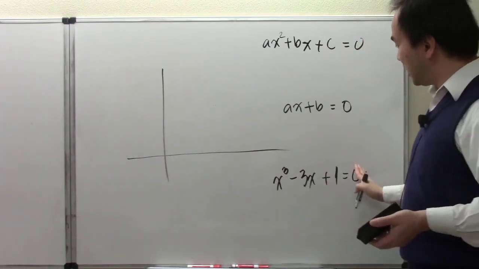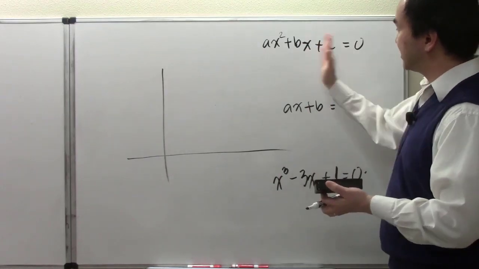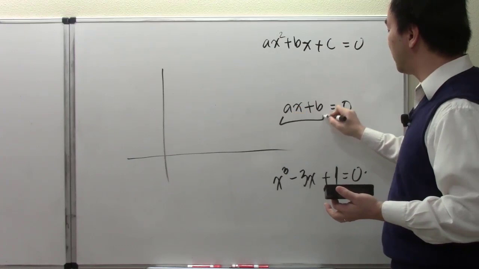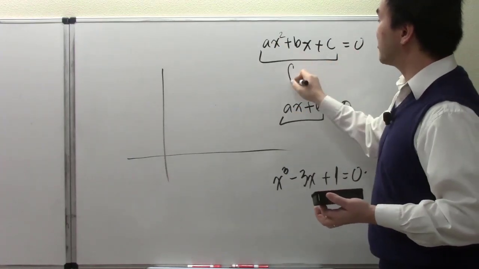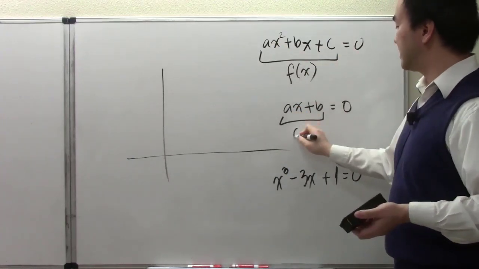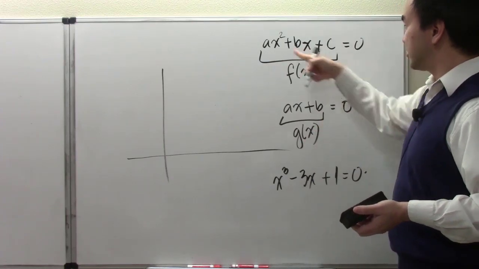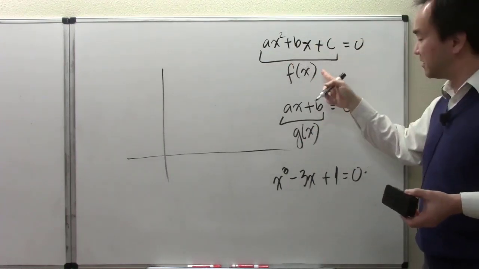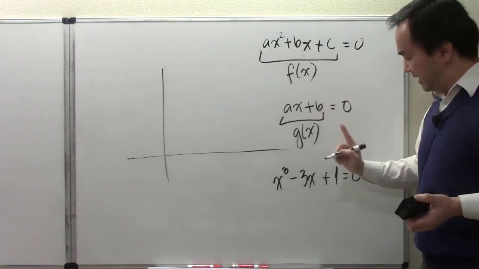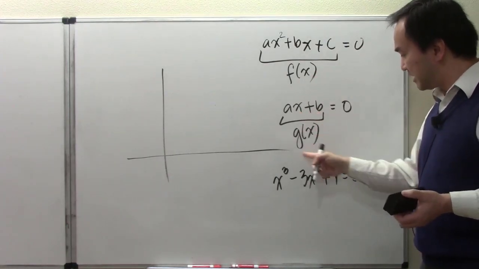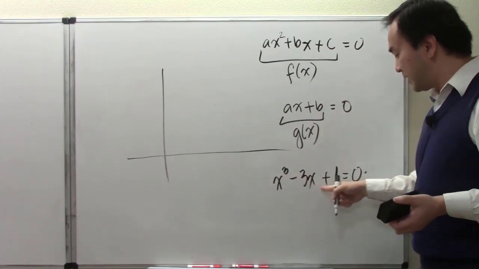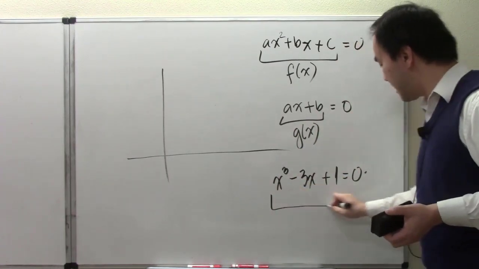Once we successfully put all the terms on one side and leave a 0 on the opposite side, we can regard all of these as some function. So ax squared plus bx plus c can be seen as an f of x. The ax plus b can be seen as another function, g of x. And the x cubed minus 3x plus 1 here can be seen as another function.